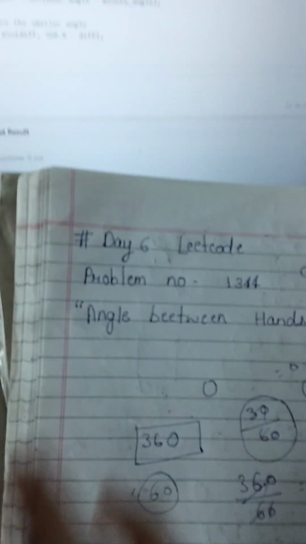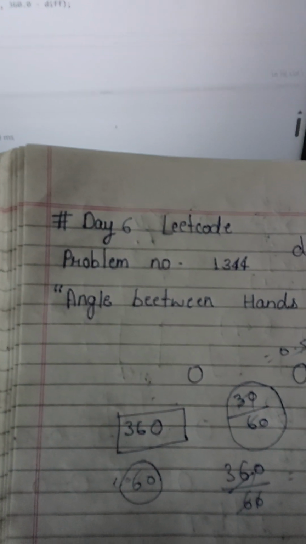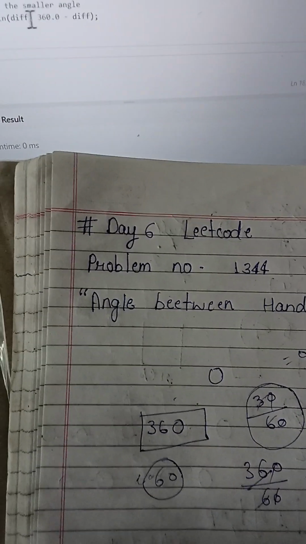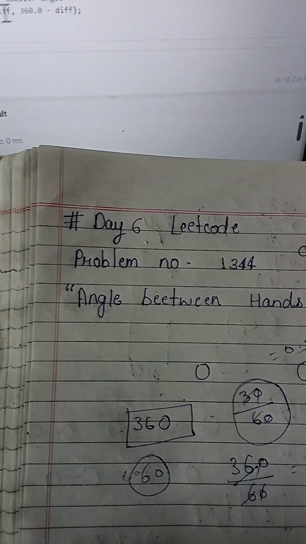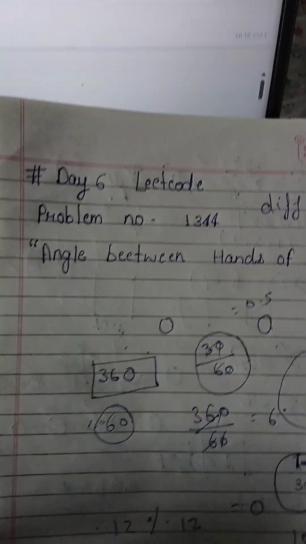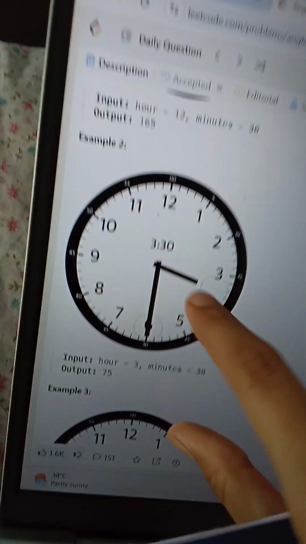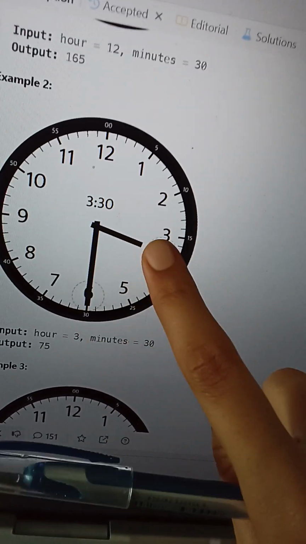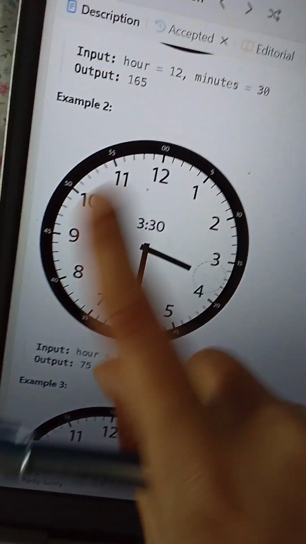Now moving forward, we are returning the smaller angle. Here we are again using the inbuilt min function, which returns the minimum of the given parameters. Here we are giving diff and 360 minus diff. As I told you, there are two types of angle that can be there: the first one is this and the second one is the whole remaining angle.